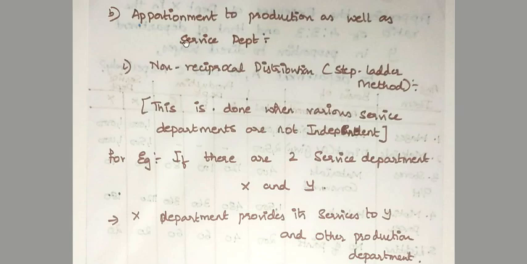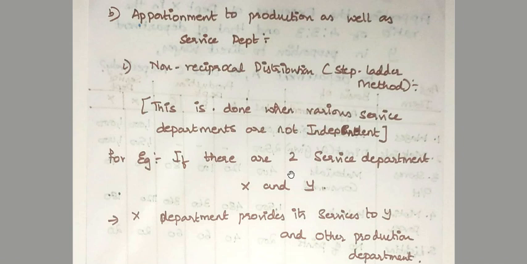So if you see in the previous question, we did a secondary distribution wherein we are apportioning only to the production department. Now we will move on to the next method, wherein we are apportioning to production as well as service departments. So under that we have a first method, which is non-reciprocal distribution, which is also known as the step ladder method. This is done when various service departments are not independent in nature.